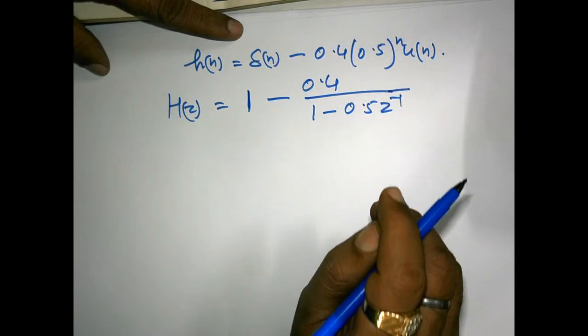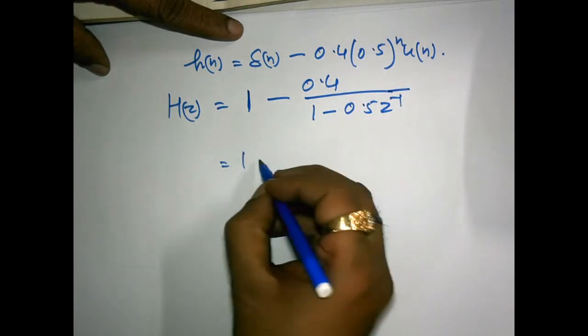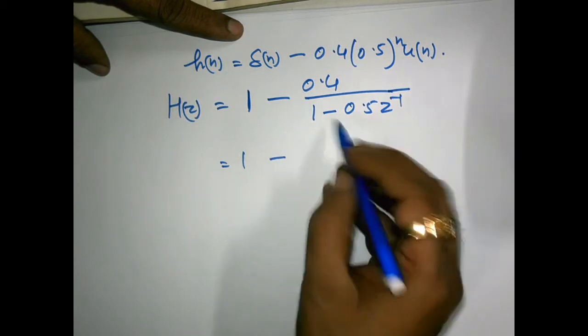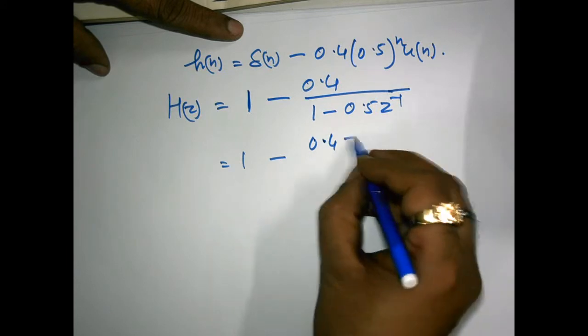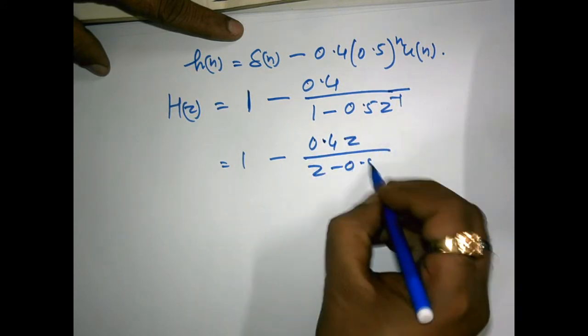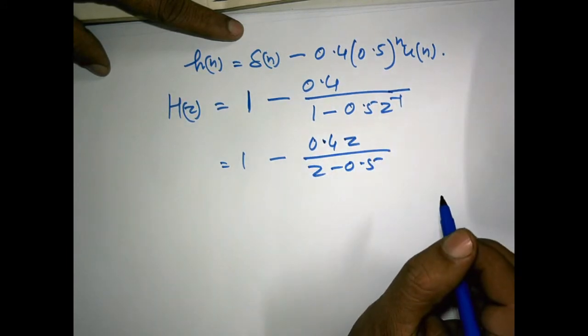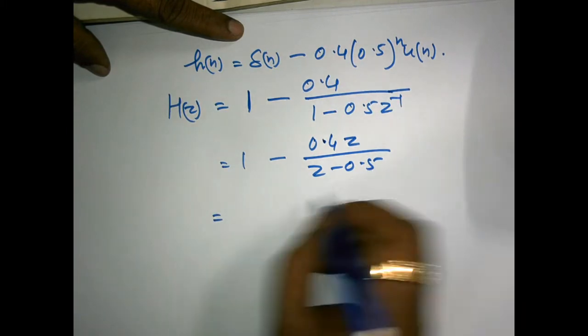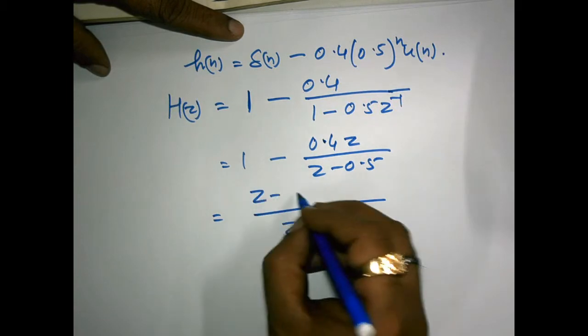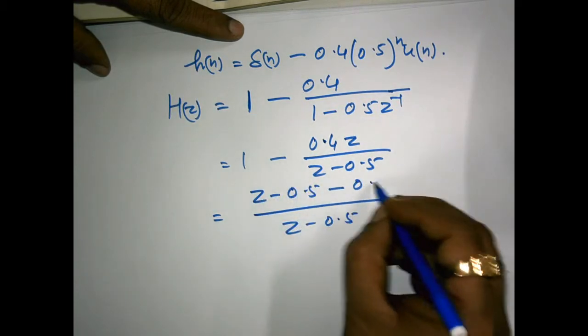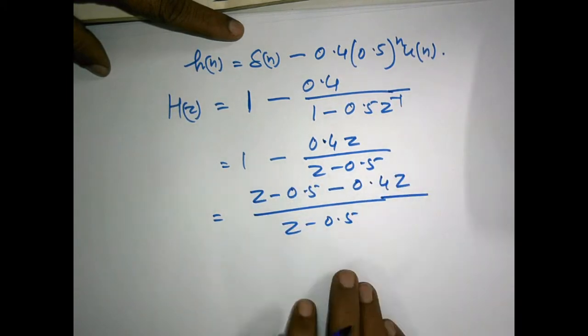Okay. So if you do it, 1 − 0.4 z/(z − 0.5). If you take the common denominator z − 0.5, this happens to be (z − 0.5 − 0.4 z)/(z − 0.5).